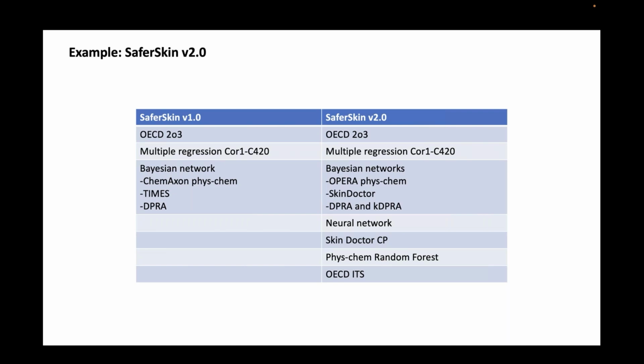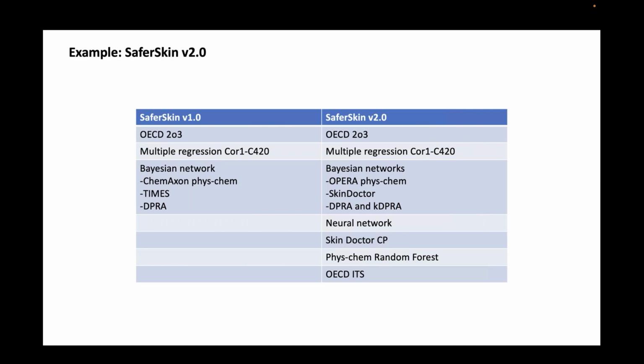Pascal already introduced the newer version of the SaferSkin application, and as we see in the older one, SaferSkin 1, we had 3 ITS, so integrated testing strategies for skin sensitization assessment.